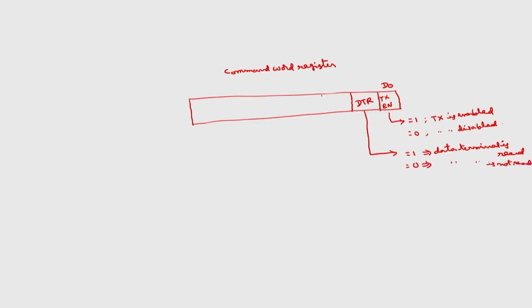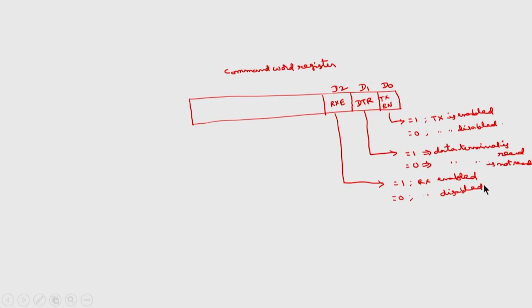Then we have receiver enable. This is transmitter enable, this is receiver enable. If this is equal to 1, the receiver is enabled; 0 means the receiver is disabled.